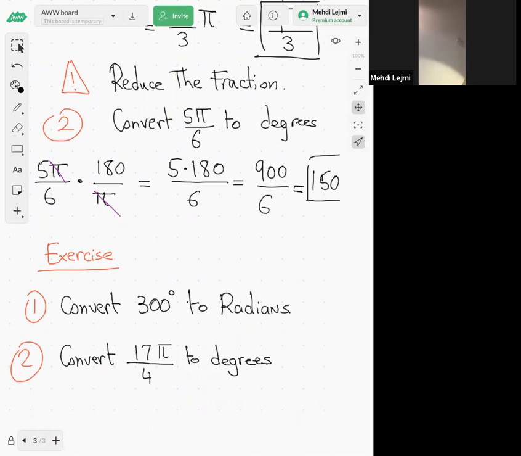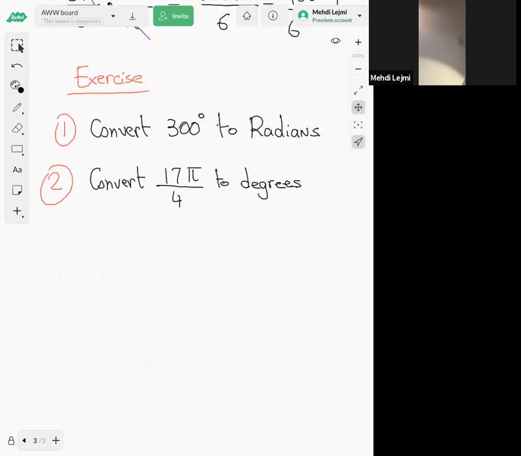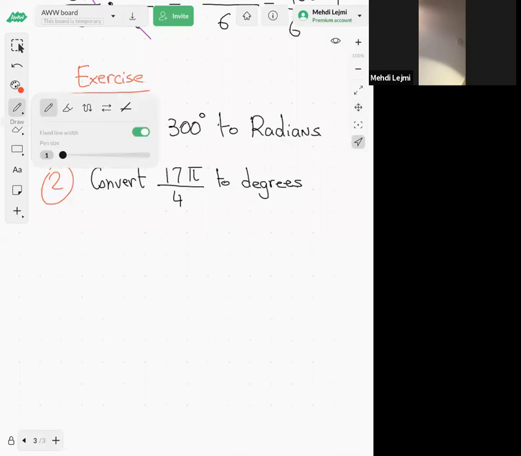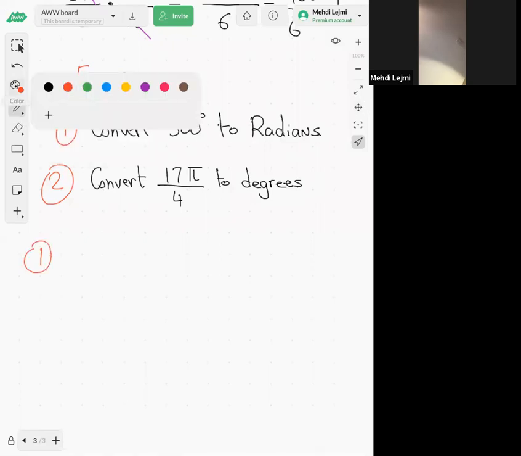Yeah, so for the 300, to go from degrees to radians, we said that we have to, so you have 300 degrees, right? We have to multiply by pi over 180, right?